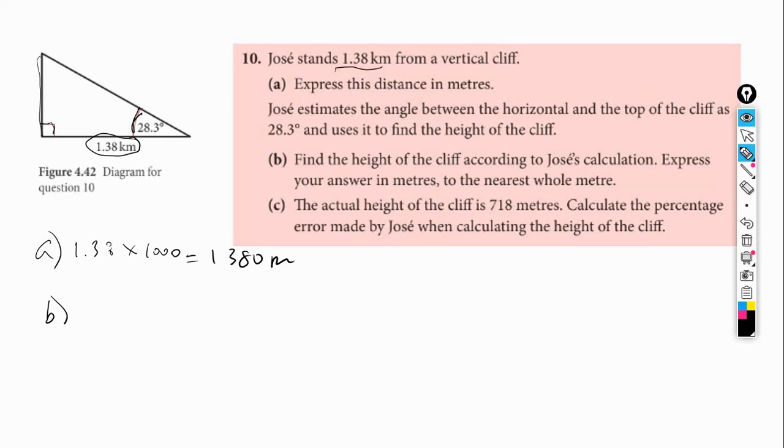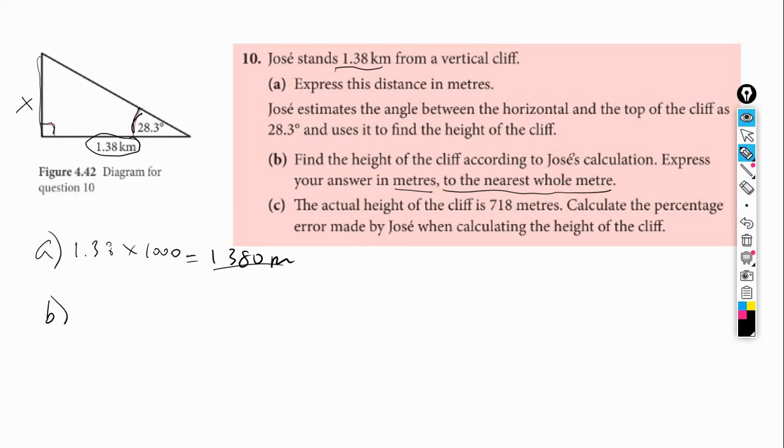Express your answer in meters to the nearest whole meter. So that's very important. They want us to round it to the nearest whole meter. Okay, and they want the answer in meters, but we already have the information in meters, so we can use that. Very well. So let's label this as x. So this is a typical tangent function, right?